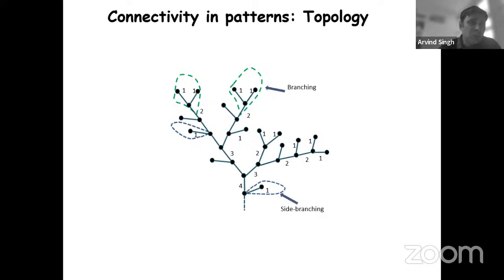We can explore how much influence branching versus side branching has on a given network in terms of climate or in terms of complexity in river networks.